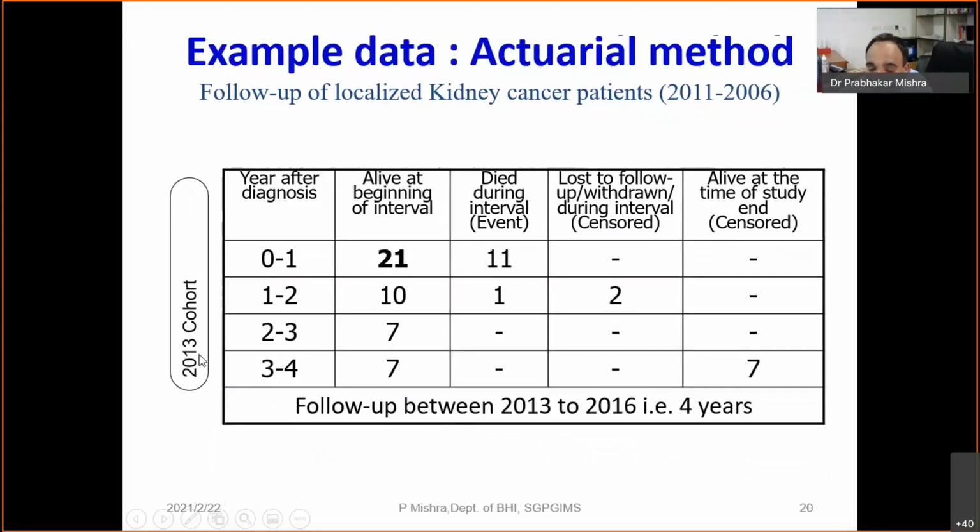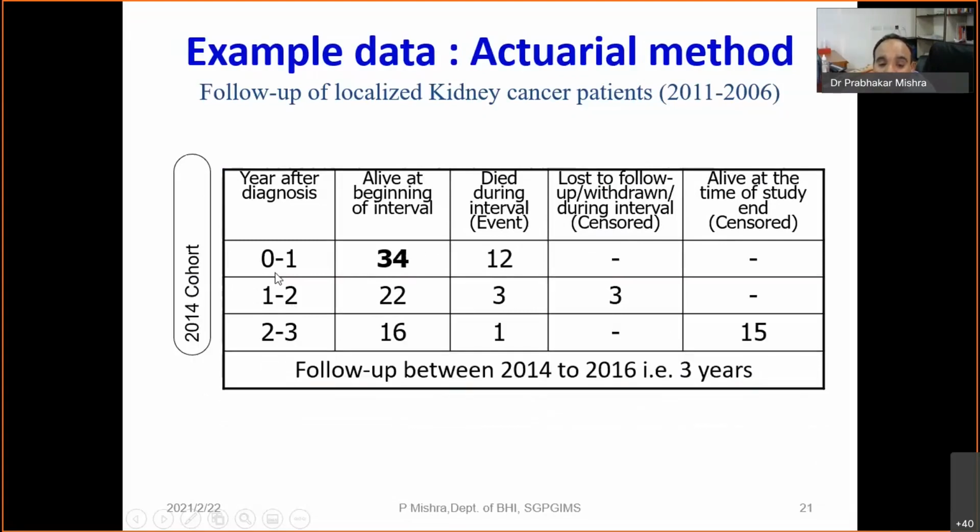Now 2013: 13, 14, 15, 16. So here 21 patients overall entered. Like this, 12 is the event, 9 is the censored. Here 2014, 15, 16, so 34 entered. 12 plus 3 plus 1, that is 16, are the event, and 18 are censored.